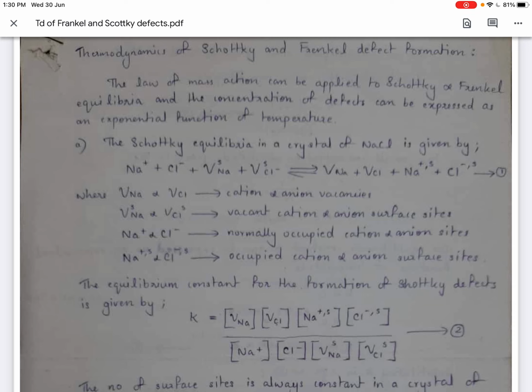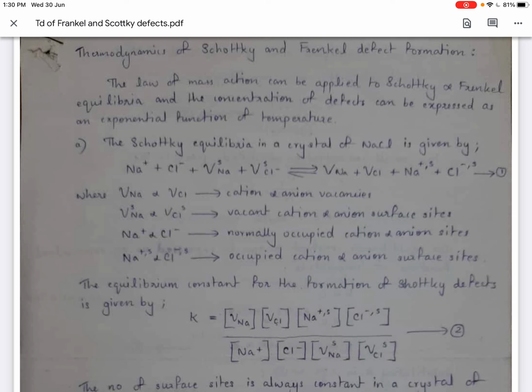The Schottky equilibrium in a crystal of NaCl is given by Na+ Cl- + VS(Na) + VS(Cl) giving V(Na) + V(Cl) + Na+(S) + Cl-(S). That is equation number 1, where V(Na) and V(Cl) are the cation and anion vacancies.